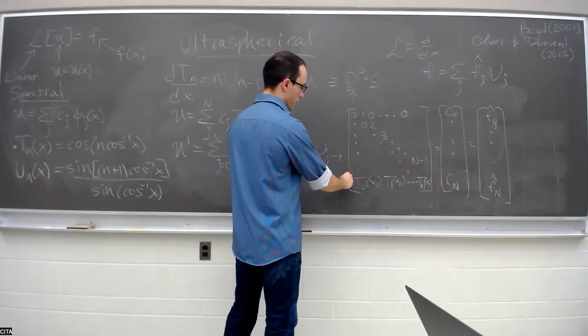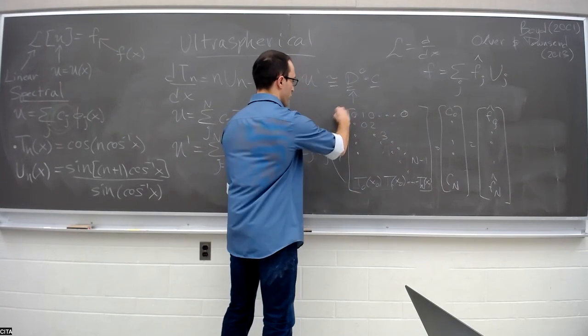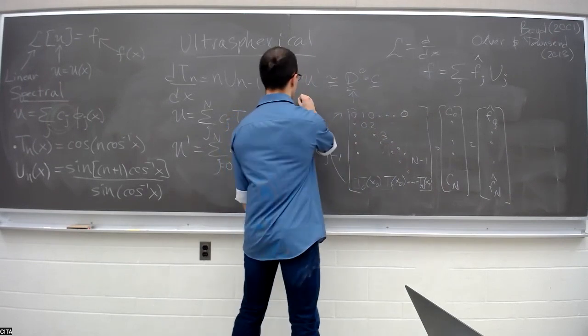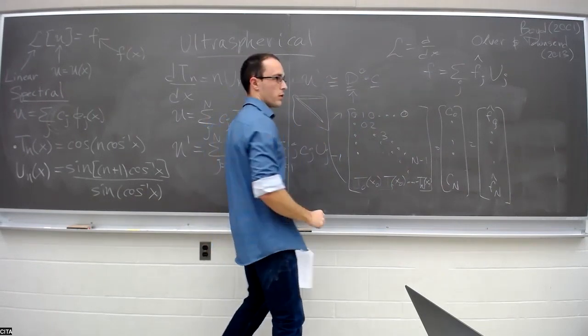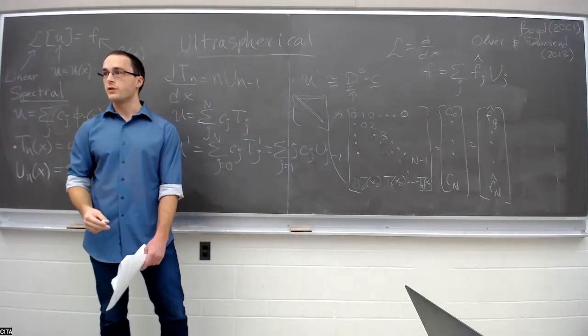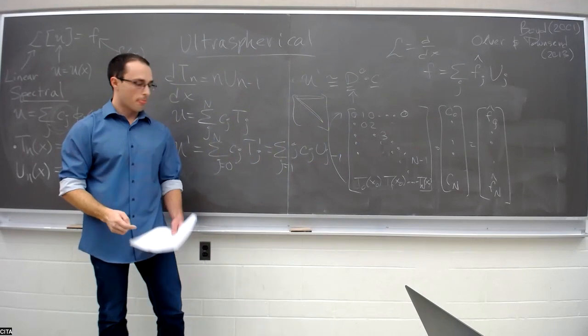What people normally do is permute this row to the top, because then you end up with a matrix that has an almost diagonal structure, which is numerically nice to invert.